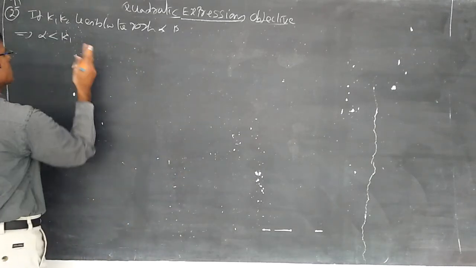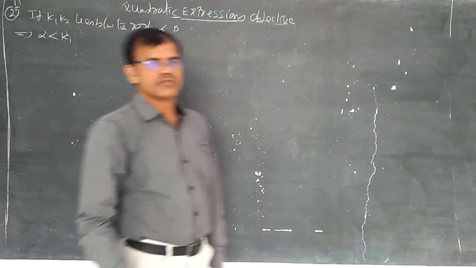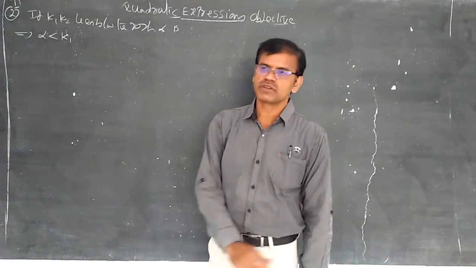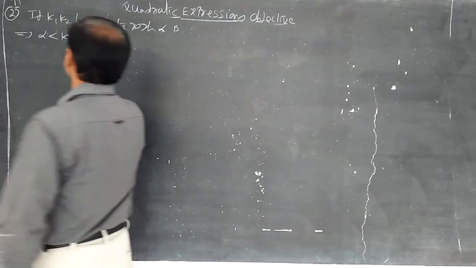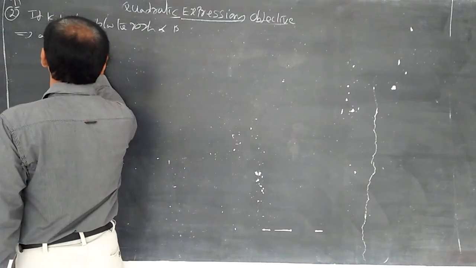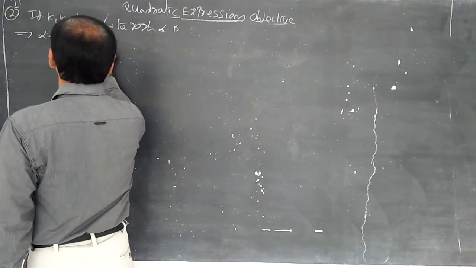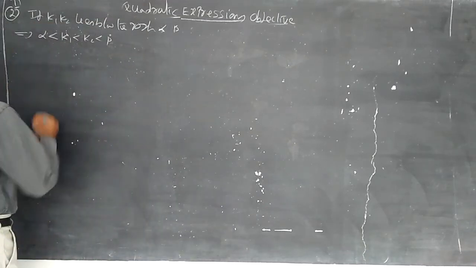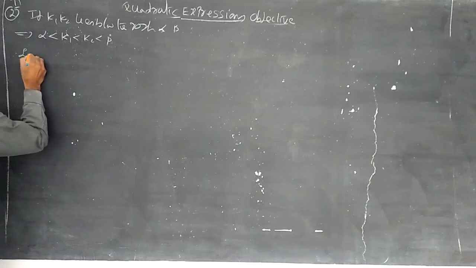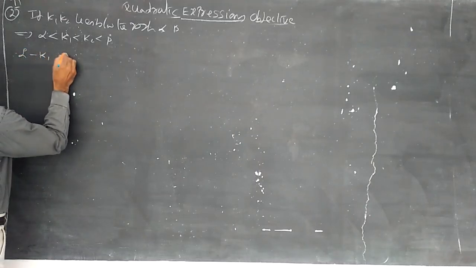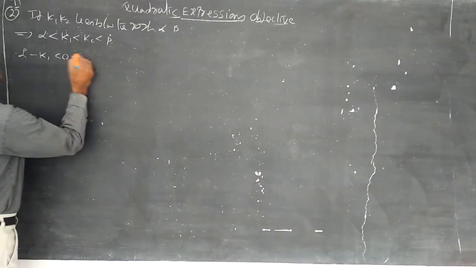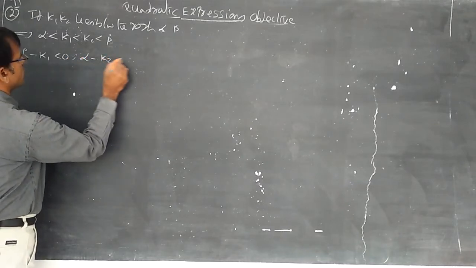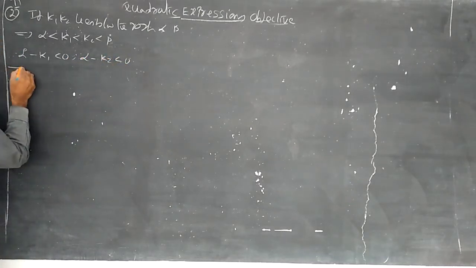Whenever two real numbers are there, either the first is big and the second small, or the first is small and the second big. So we can take k1 small and k2 big: alpha less than k1 less than k2 less than beta. Taking this, alpha minus k1 less than 0, and similarly alpha minus k2 less than 0.